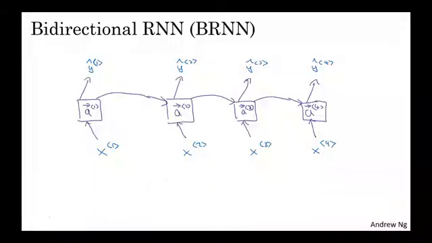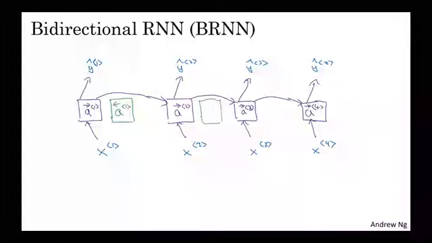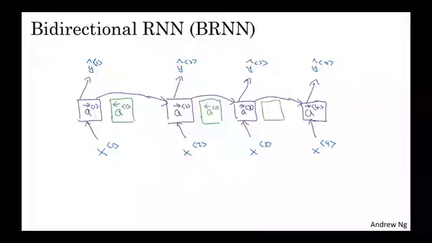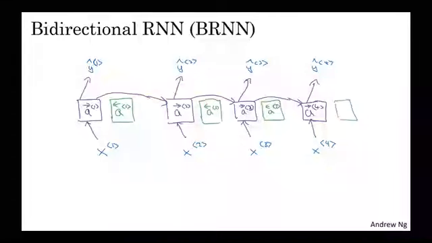I drew the arrows in these positions because what we're going to do is add a backward recurrent layer. So we're going to have A1 with a left arrow to denote this is a backward connection, and then A2, A3, and A4, backwards.